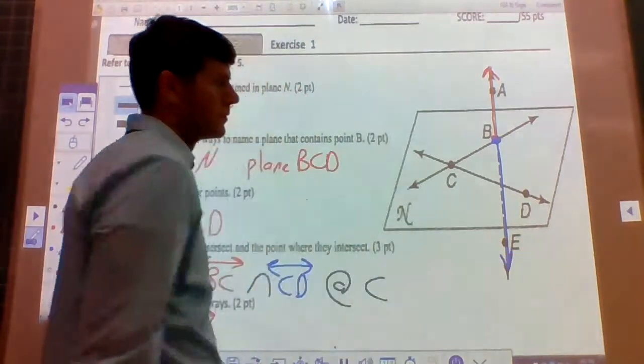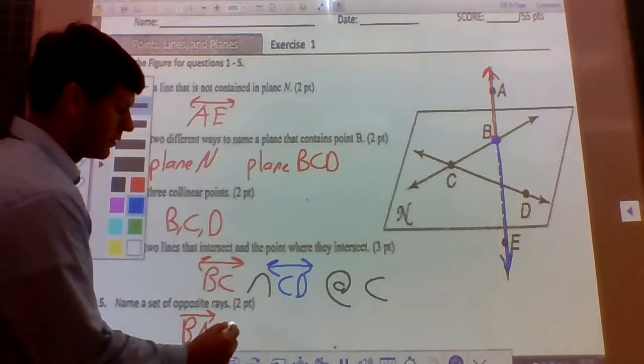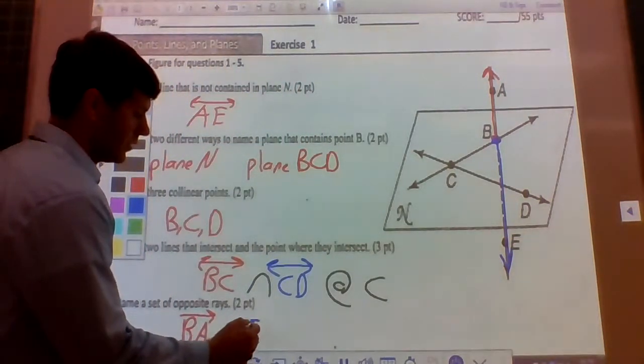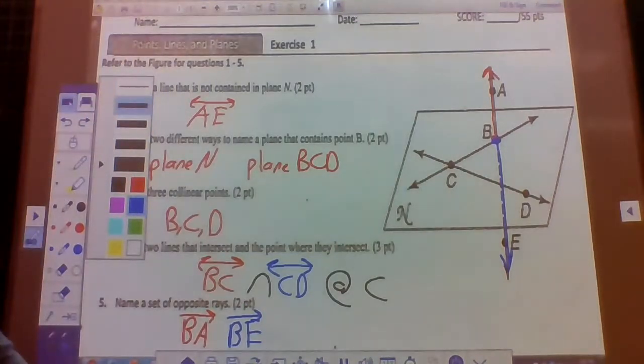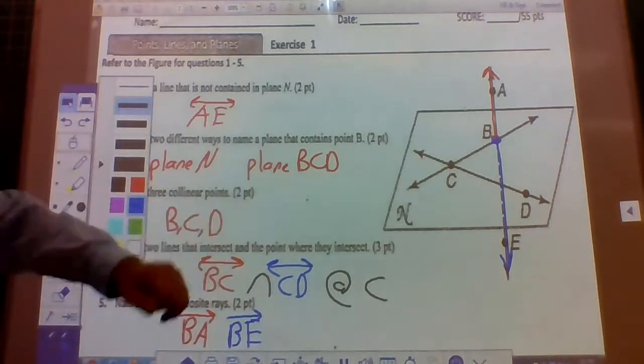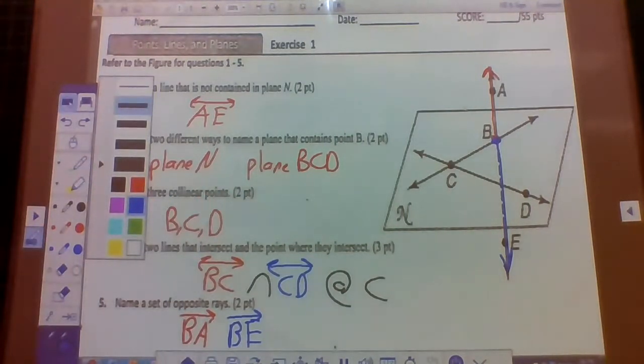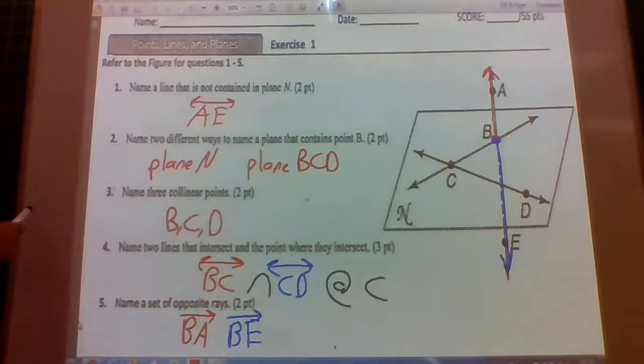So it's got to go down. And that's going to be ray BE. The arrow is over the E because that's the direction the ray is going. It starts at the endpoint of B and then goes forever through E. Okay. So that's the first diagram.